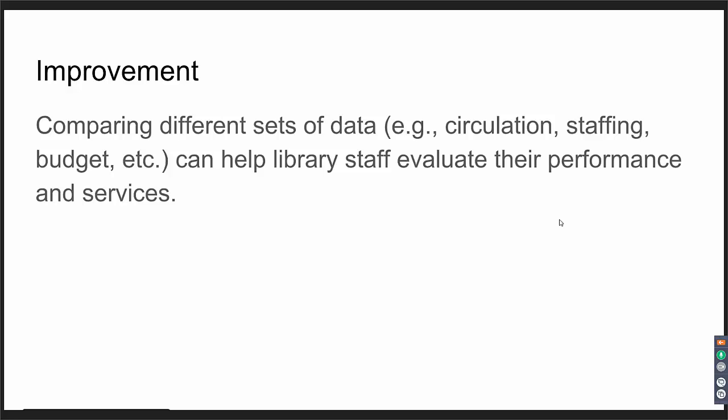Data can also be used for improvement. When you compare different sets of data, for instance, circulation data or budget data, this can help your library staff evaluate their performance and services. A school librarian in Wyoming used data from the school library survey to help prevent a cut to her library budget.